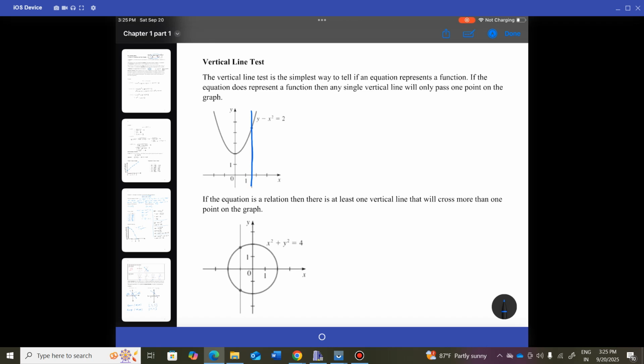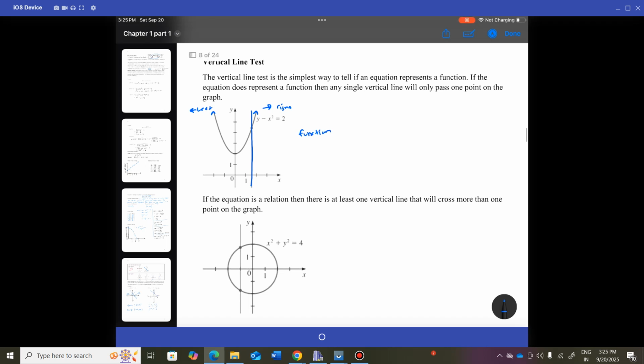Now, these graphs, like this quadratic, this side is always going to the right even when it gets super vertical, and this side's always going to the left even when it gets super vertical. So no vertical line will cross 2 points. So this is a function.